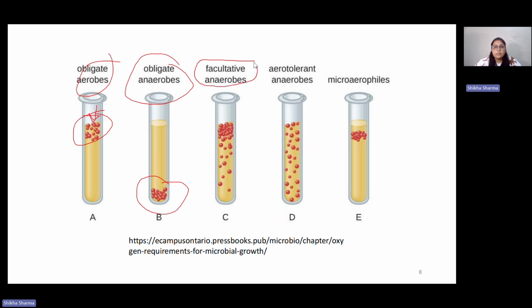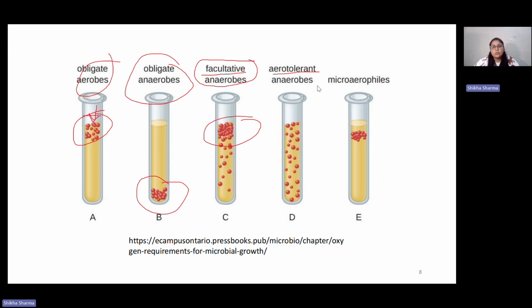Then facultative anaerobes can grow both with oxygen and without oxygen environment. Basically they are anaerobes, but they are facultative ones, so they can tolerate oxygen as well.